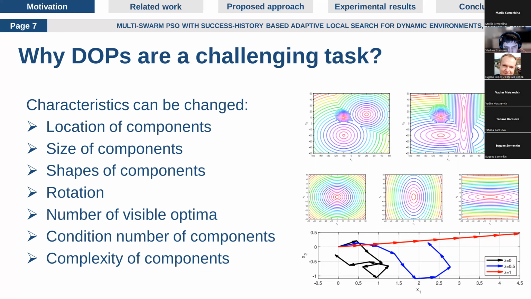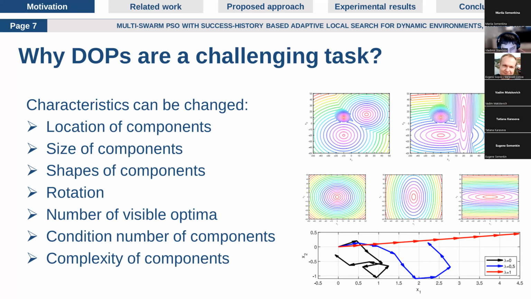And what is dynamic about them? Of course, the location of components or peaks may change. Their size, so how much space they take, the shapes of the components, they could be rotated. The number of visible optima may change, so one peak could overtake all other peaks.